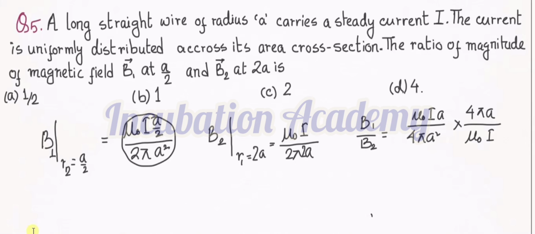So just see here, everything cancels out. 4 pi and 4 pi cancel out, a and a square cancel out, mu naught I cancels out. So the ratio becomes 1. So option B is the correct option.